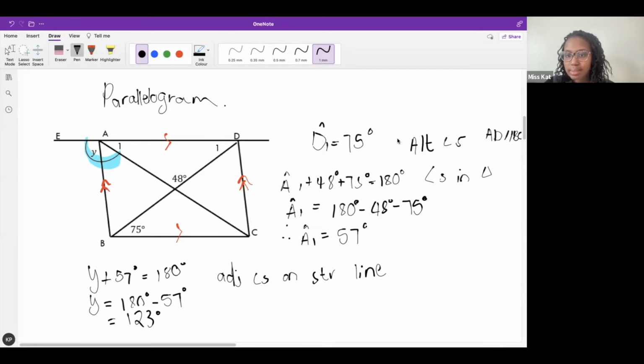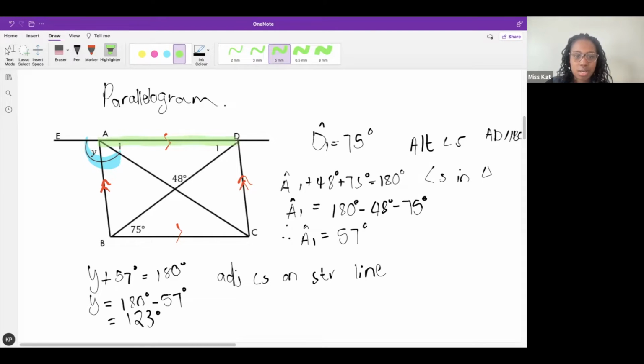Nice, guys. Someone said A equals B equals something. I thought D1 is 48. How did you get D1 is 48, Kikan? Remember, if you look here, we have parallel lines, right? We said that because it's a parallelogram.